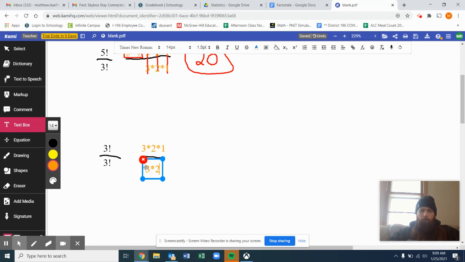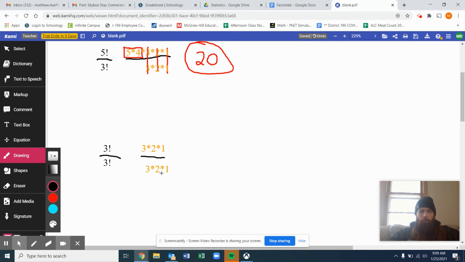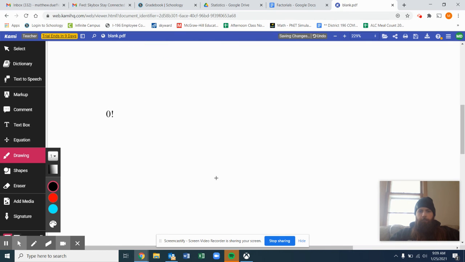Three times 2 times 1. And division says that whenever you have something on the top that's the exact same as the bottom, your answer is always going to be 1. All of these cancel. Your answer is not 0, your answer is 1.